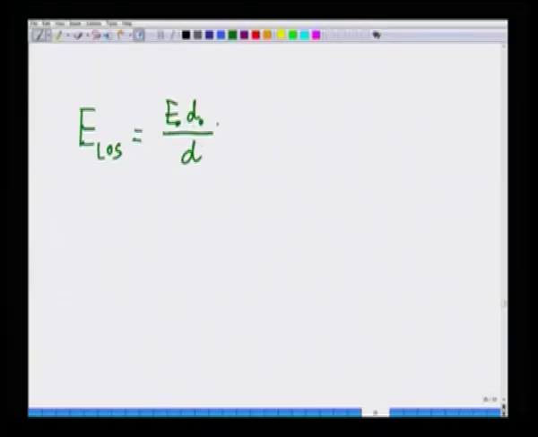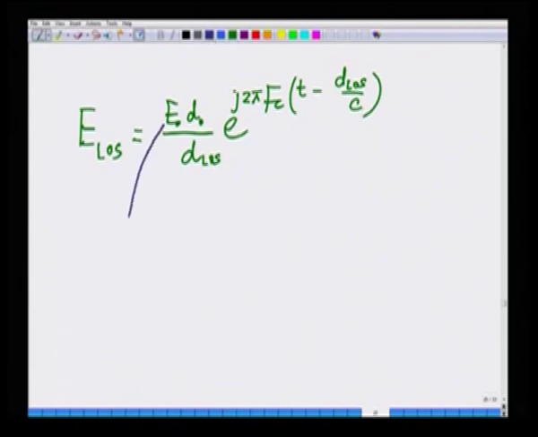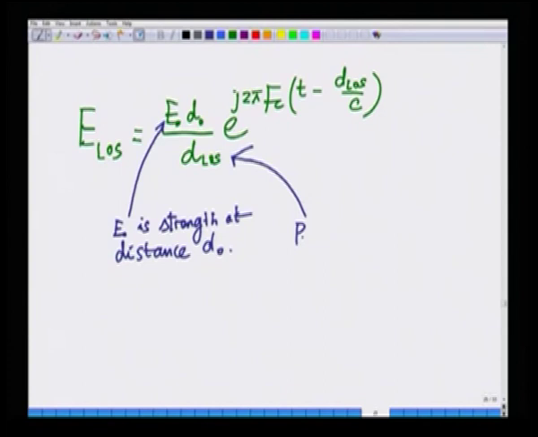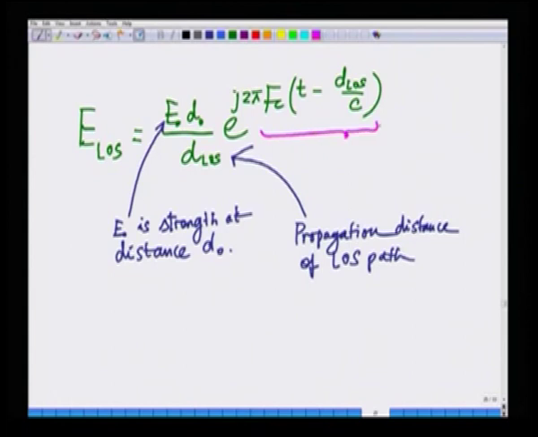Hence, this is E naught d naught by d LOS, and there is going to be a phase factor arising because of the propagation distance. d LOS is the line of sight propagation distance of the LOS path, and this is the phase factor arising in the carrier due to the propagation.